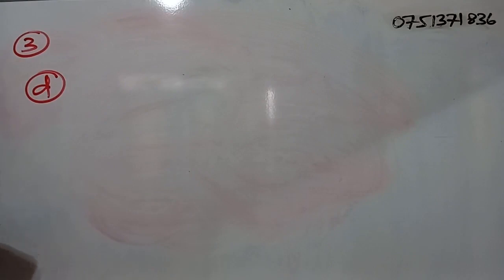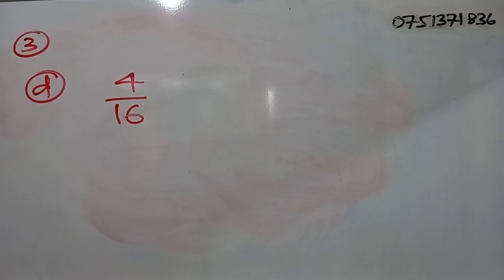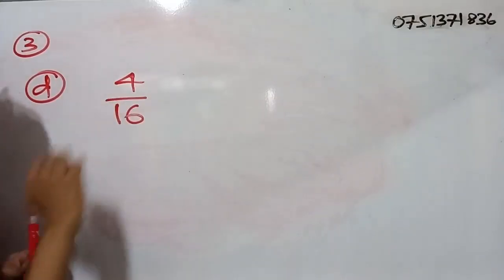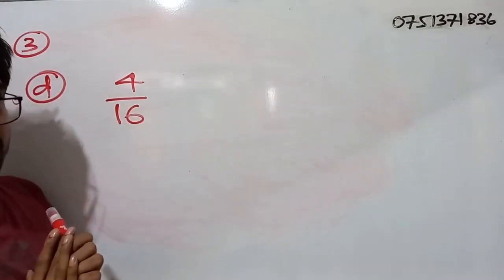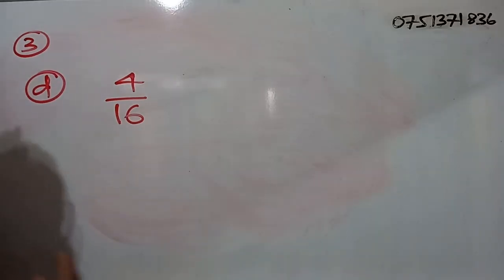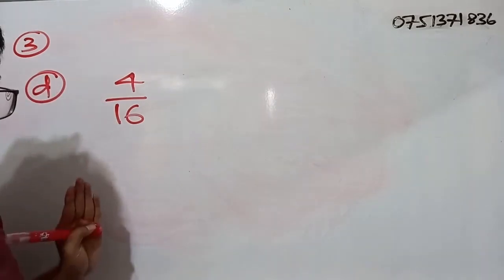Now D. So here we have been given the fraction 4 by 16. So on the answer side, the equivalent fraction, the numerator and the denominator both have not been given to us. So we have to come up with a valid equivalent fraction for 4 by 16.